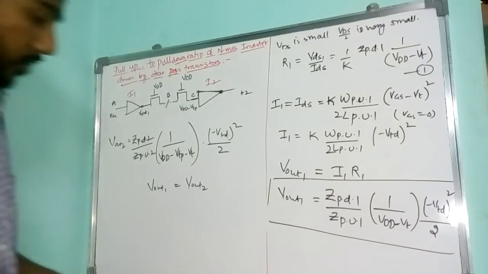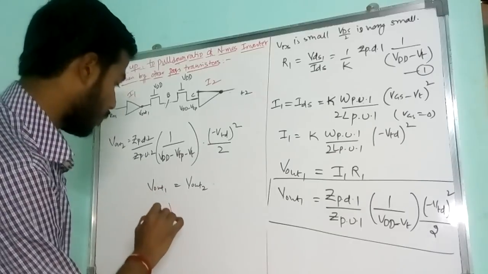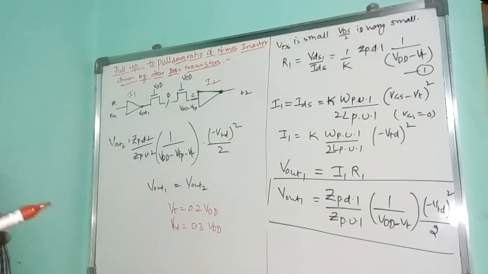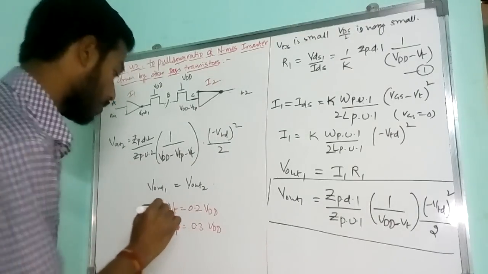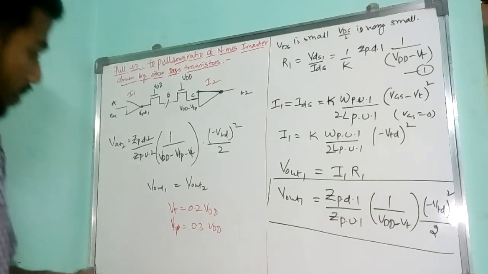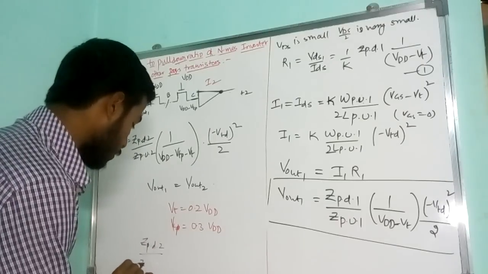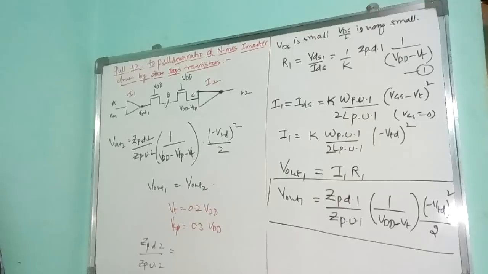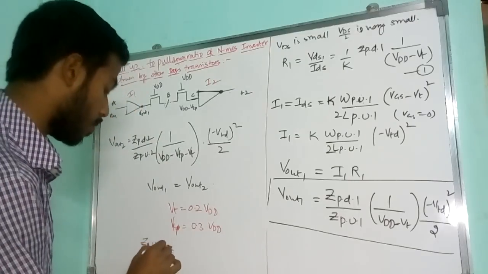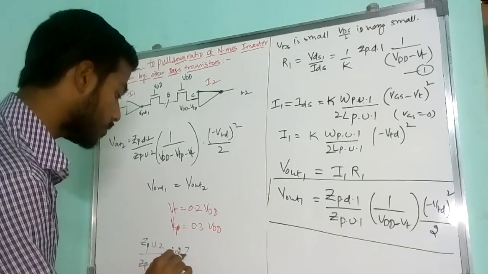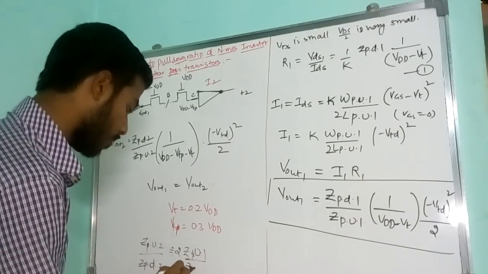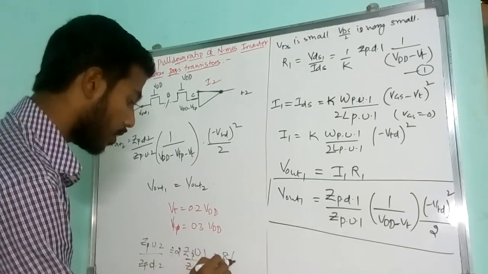Then after solving this for the typical values of VT equal to 0.2 VDD, VTD equal to 0.3 VDD, VTP equal to 0.3 VDD, we get this ratio Z PD2 by Z PU2 as 2 times Z pull up 1 by Z pull down 1, which is equal to 8 by 1.